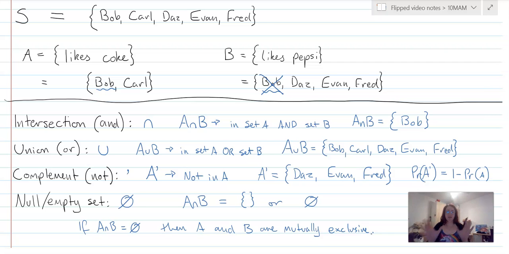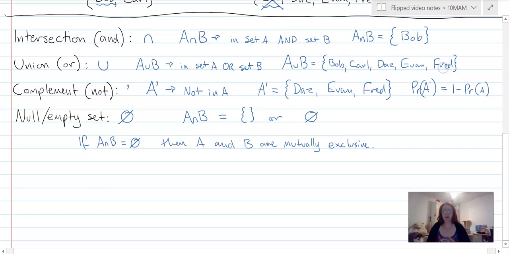Now, all of these things can be combined, so you can end up with sets like A and the intersection of not B, which would effectively be only the set of A. So that basically means just A. You could have A intersection B and the complement of all of that.